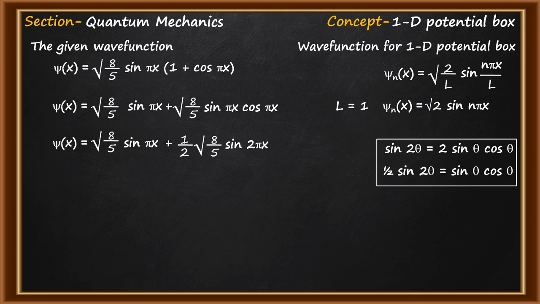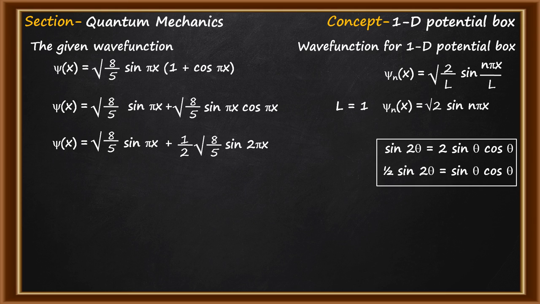Now here in this expression both the terms have sin term. So it is somehow matching with the general wave function term, but the coefficient is not matching. The coefficient for unit length is root 2. So what we can do here is, instead of square root of 8 by 5, we will take out root 2 from this.